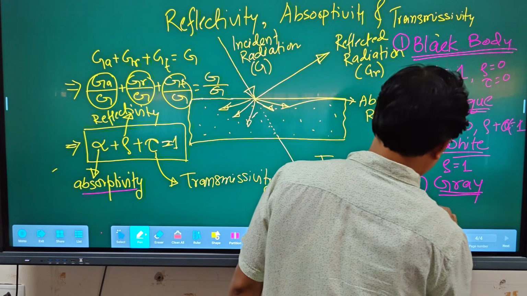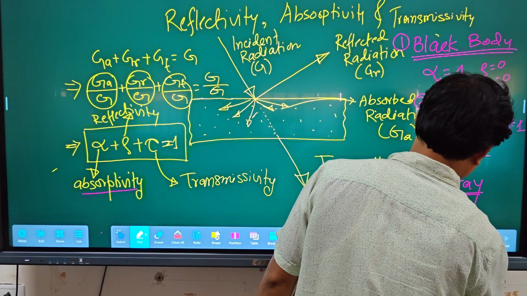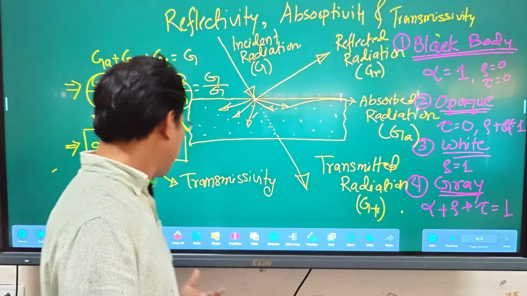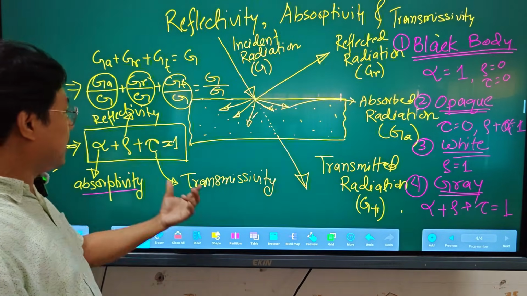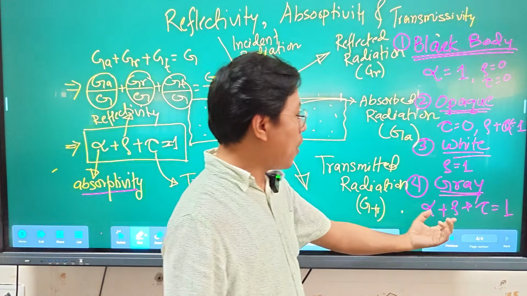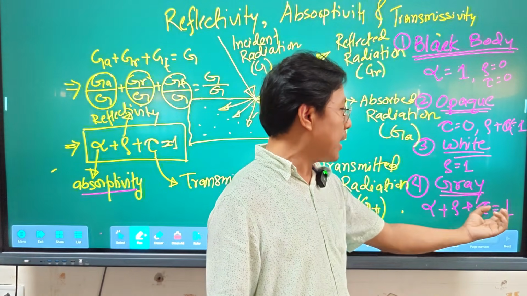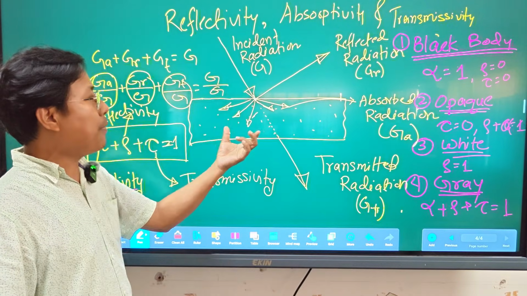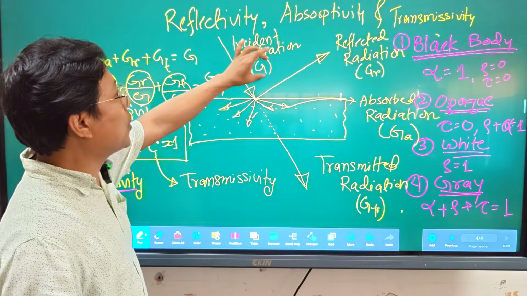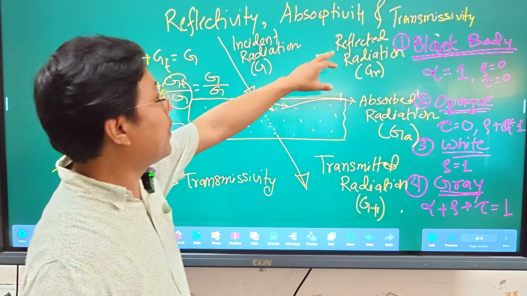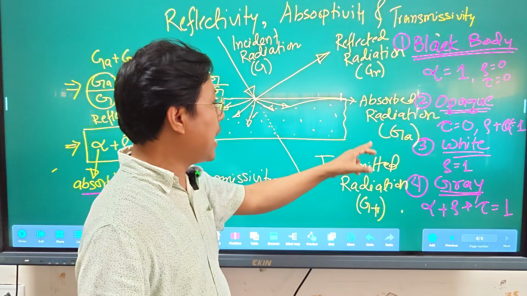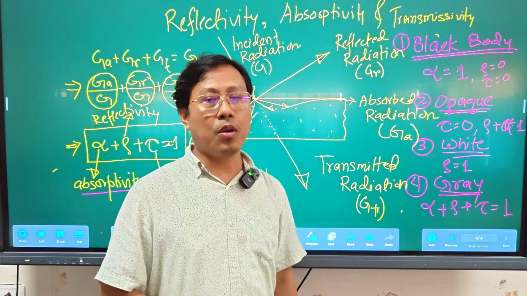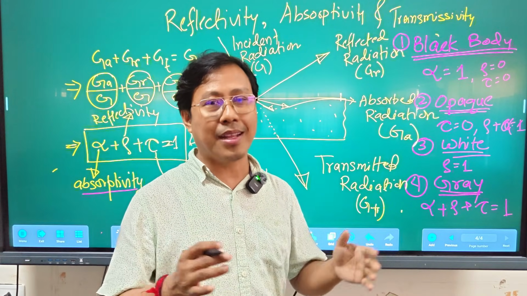When alpha plus rho plus tau equals 1, we have the gray body. In a gray body, the incident radiation is converted equally into reflected radiation, transmitted radiation and absorbed radiation. These are the important bodies relevant to radiation heat transfer.